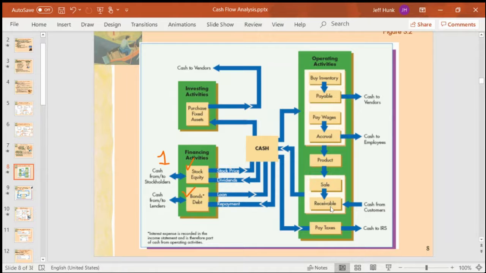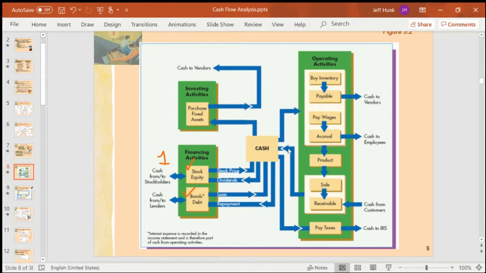And then you receive either cash or promissory notes, or it could be a credit sale, so receivables. But eventually they will pay. The payment of cash is deferred for 60 days, most commonly, but eventually you collect it.